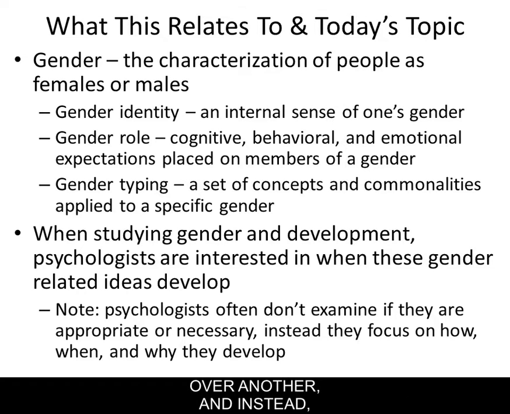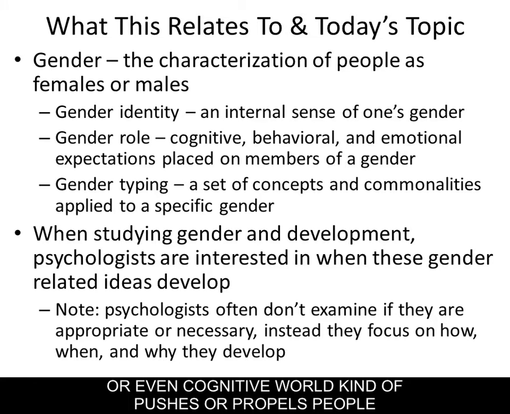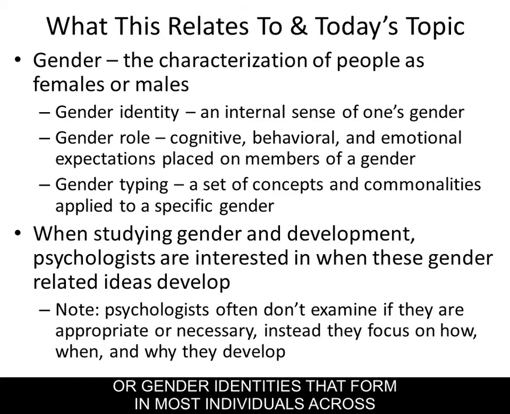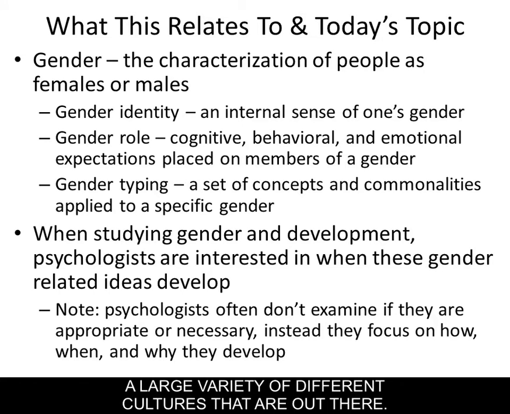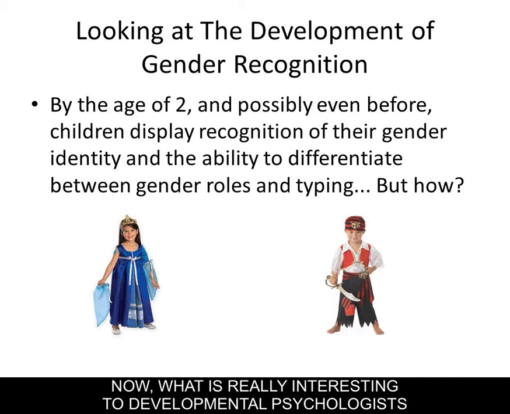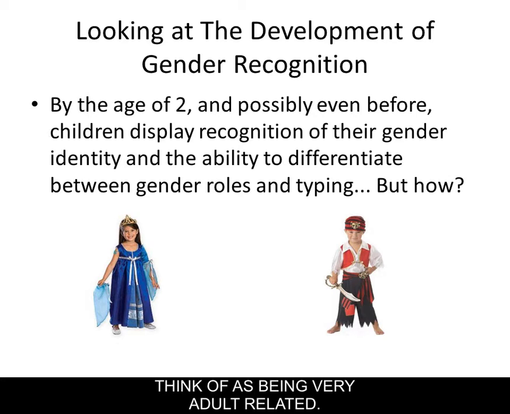Instead they just focus on what in the biological or social world or even cognitive world pushes or propels people to develop these types of gender roles, gender typing, or gender identities that form in most individuals across a large variety of different cultures. Now, what's really interesting to developmental psychologists is the fact that gender is something that we typically think of as being very adult related.